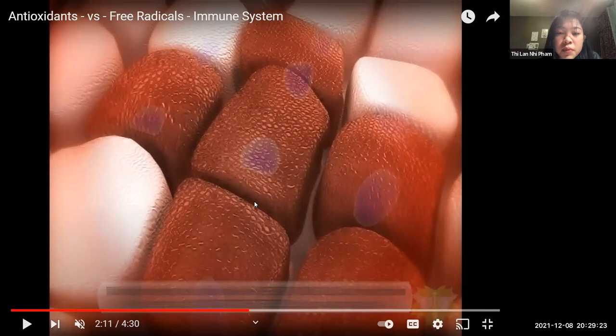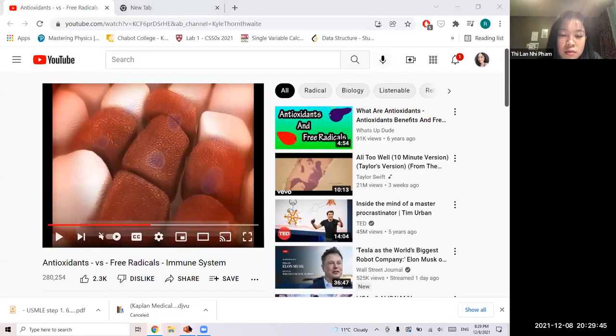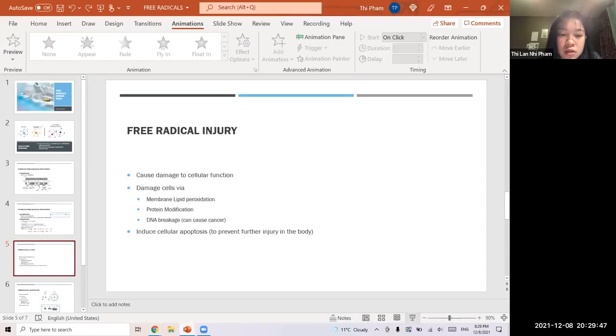This particular picture is called the oxidative stress reaction, where one damaged cell has many free radicals in it, and it's trying to steal electrons from its neighbor cells as well. It causes huge damage to our body. Let's get back to the slides.